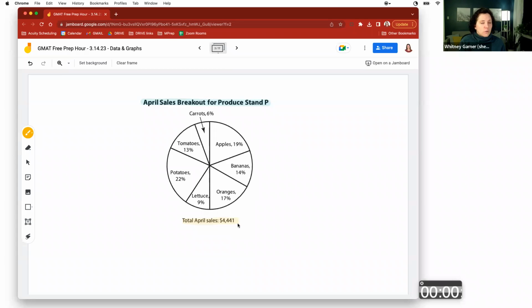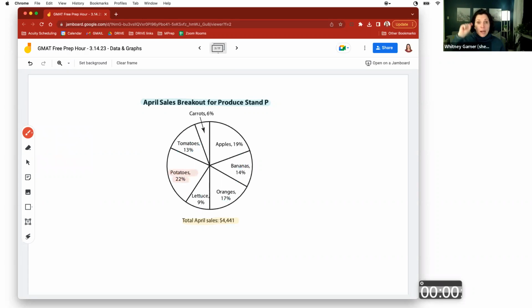So we've got that total sales, or 100% in this case, is about $4,400. I don't want to be too specific, but again, we do have a calculator. And then what we know is what percentage of that is for each type. So one of the number one things that I like to do for any table or graph is I like to randomly choose a detail.